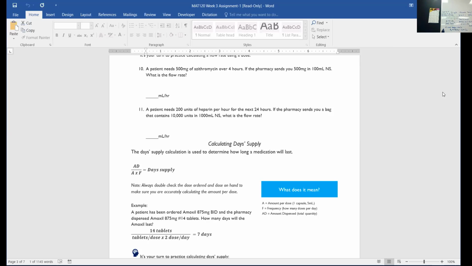So remember, don't get scared by big numbers. They're just numbers. So that is the number of milliliters per hour that this patient is going to receive. Note we didn't put any time limit on it.